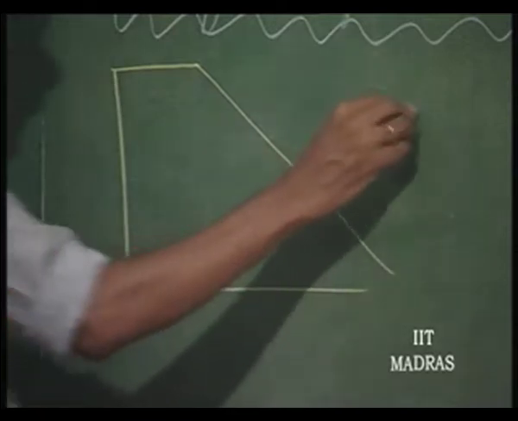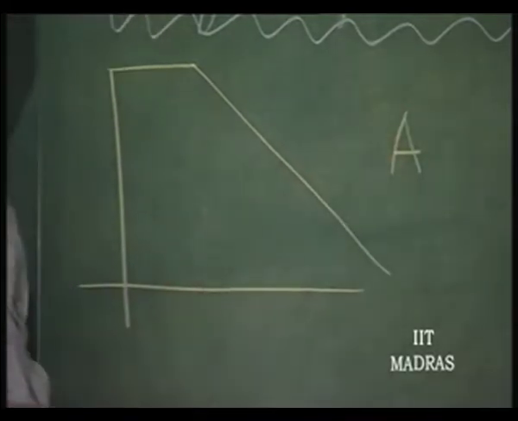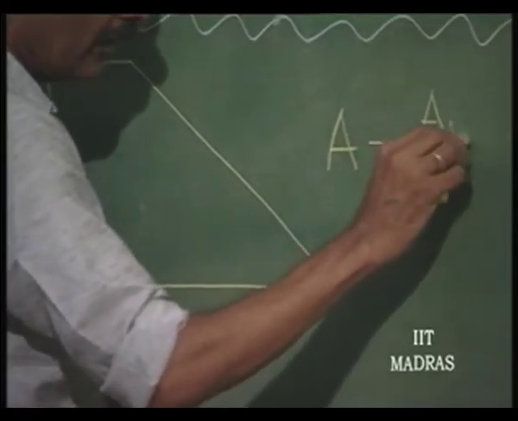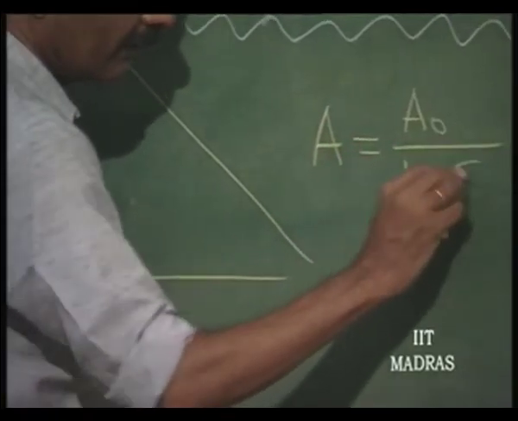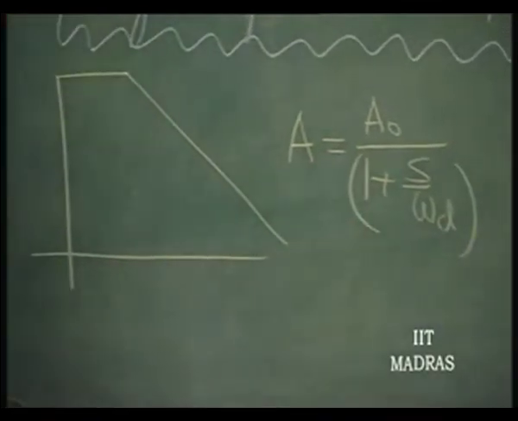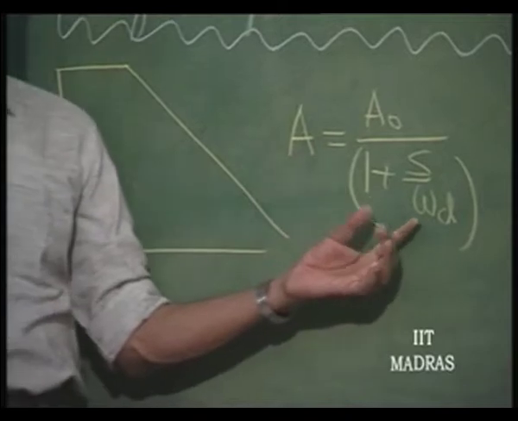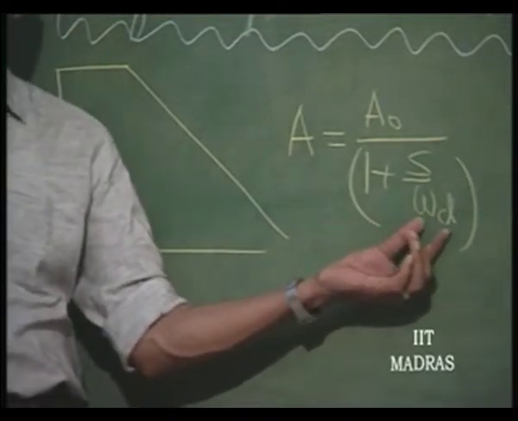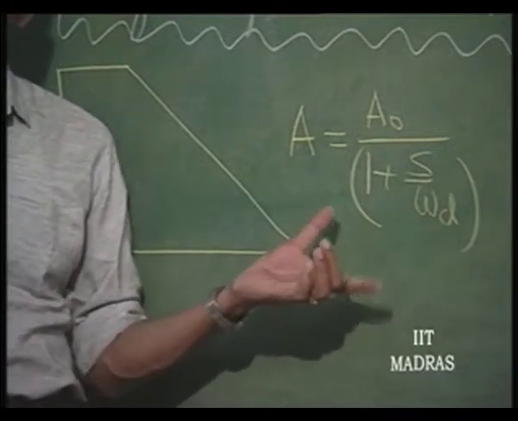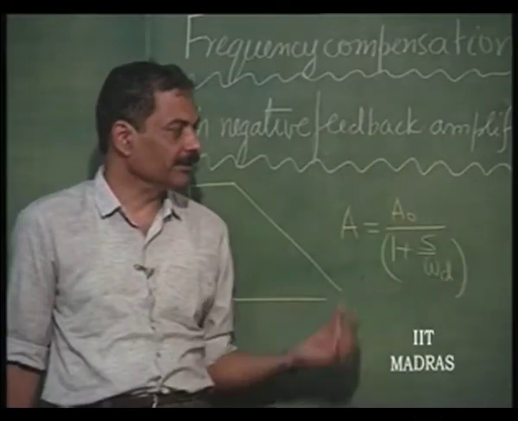I am talking of a voltage controlled voltage source amplifier. A is equal to A naught divided by 1 plus S by omega d. I am calling this omega d because this is supposed to be the only dominant pole in the entire amplifier in its useful frequency range. That is why I call it omega d.